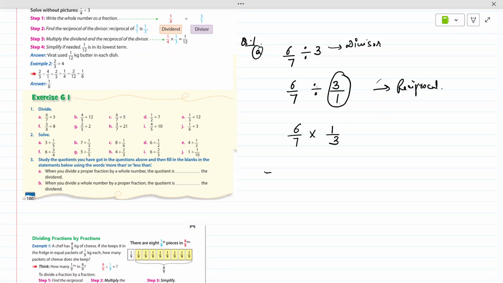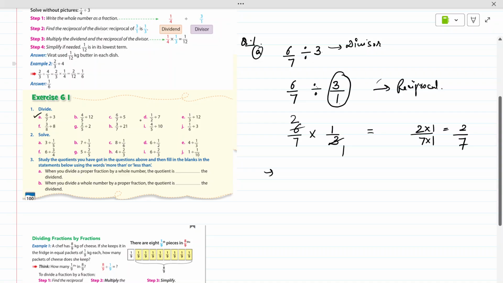So now the general multiplication, this is lowest form, this is lowest form, across 6 and 3, they have 3 as common factor, 3 into 1, 3 into 2. Other than this, nothing is common. So we have 2 into 1 and 7 into 1. This will give us 2 by 7 as the answer. Okay. So this is how we have to do this.